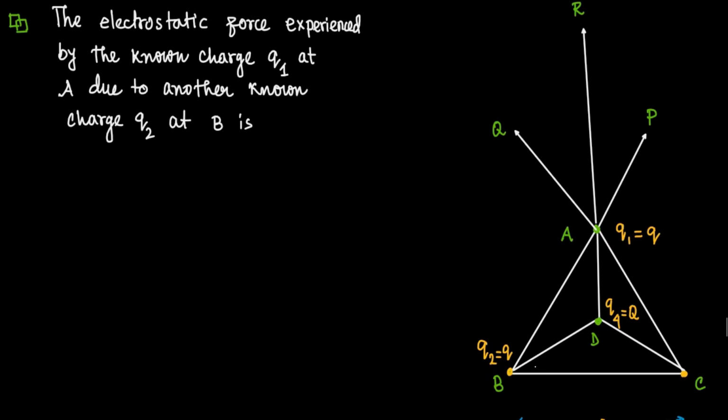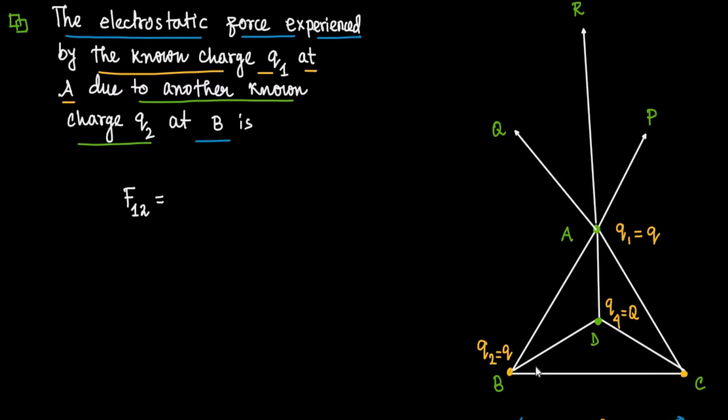Now the electrostatic force experienced by the known charge Q1 at A due to another charge Q2 at the corner B of the equilateral triangle is F12 equal 1 by 4 pi epsilon 0 Q1 Q2 divided by BA whole square, equal 1 by 4 pi epsilon 0 Q square by L square.